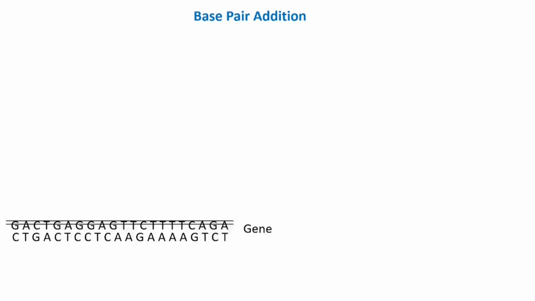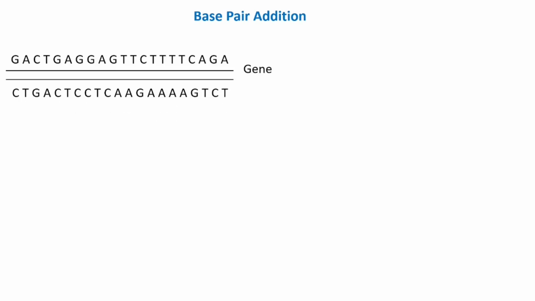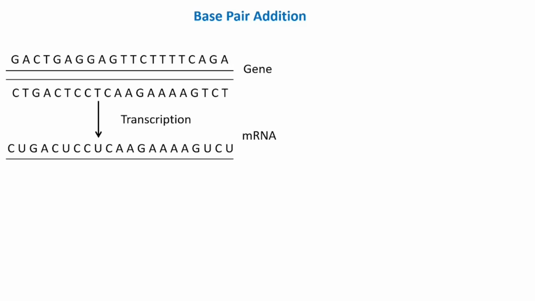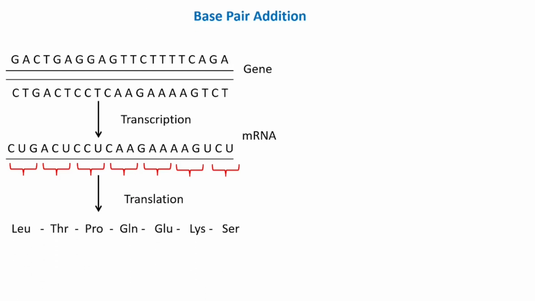On your screen is a gene with a particular sequence of nucleotides. The transcription results in the formation of an mRNA with a specific sequence of codons. The mRNA is translated to give a protein with a particular sequence of amino acids.